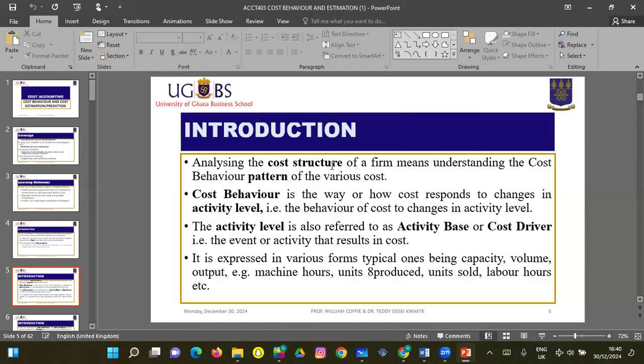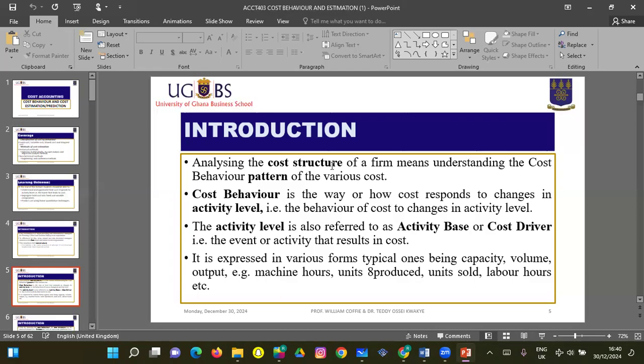Activity level is also referred to as activity base or cost driver. That is the event or activity that results in the cost. Yesterday, in the previous session, I spoke about this. It is expressed in various forms, typical ones being capacity, volume, output.